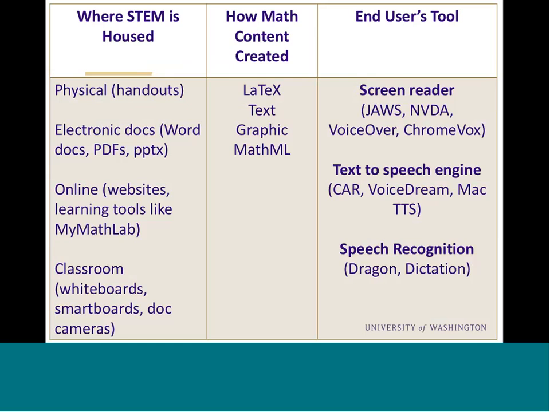The second column is talking about how the math content is actually created within those different elements. So, for example, in an electronic document, let's say a Word doc, you could take a screenshot of a math equation. That's an image. You could then paste it into your Word document. Visually, it's there. Accessibly, though, that's not going to be helpful for those that need math in a more flexible format.